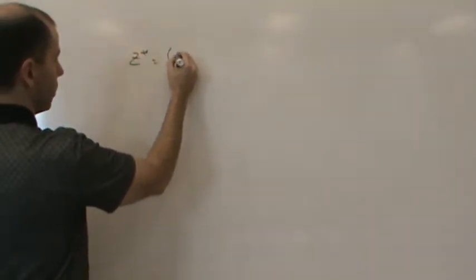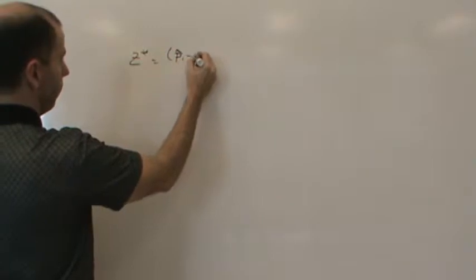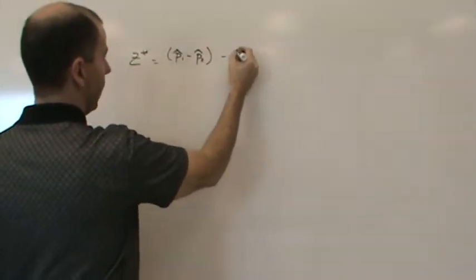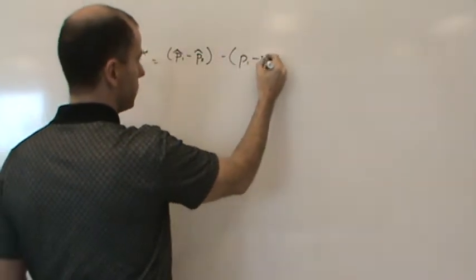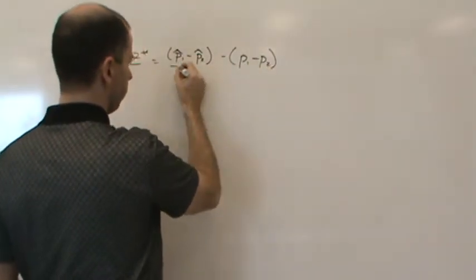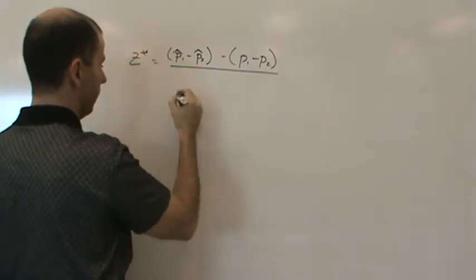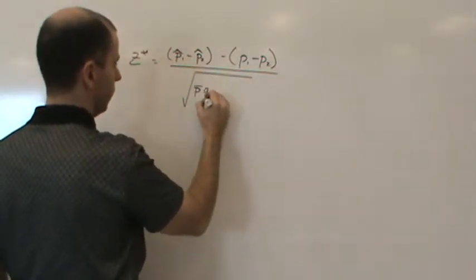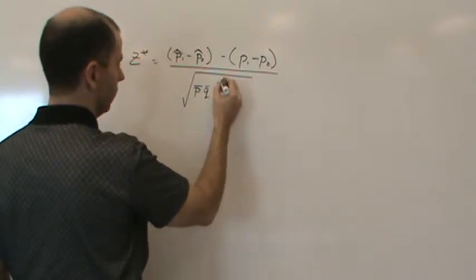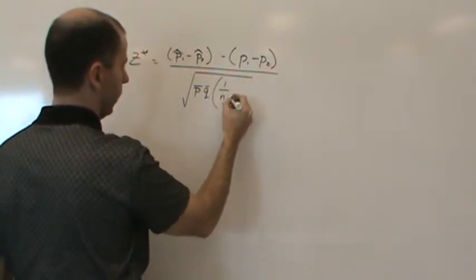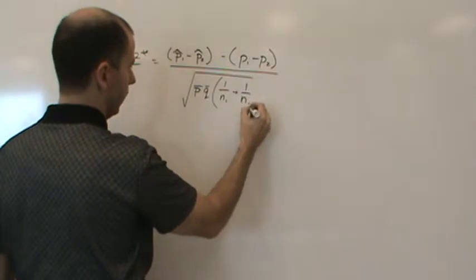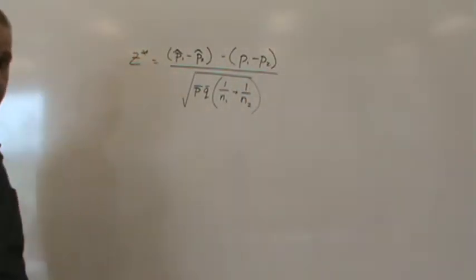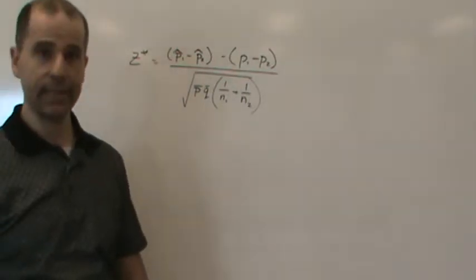It's going to be, of course, p hat 1 minus p hat 2 minus p1 minus p2 divided by now the square root of p bar q bar times 1 over n1 plus 1 over n2. And so this now becomes our calculation for our test statistic Z star.